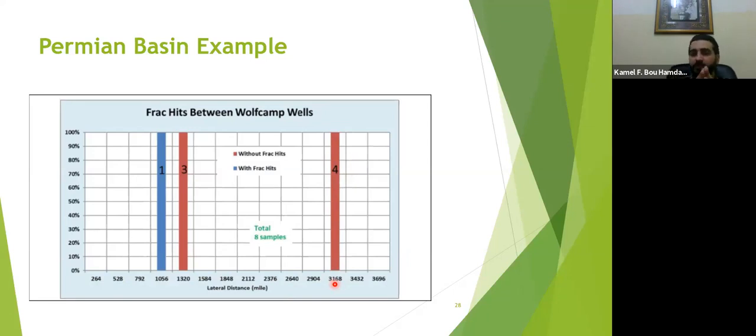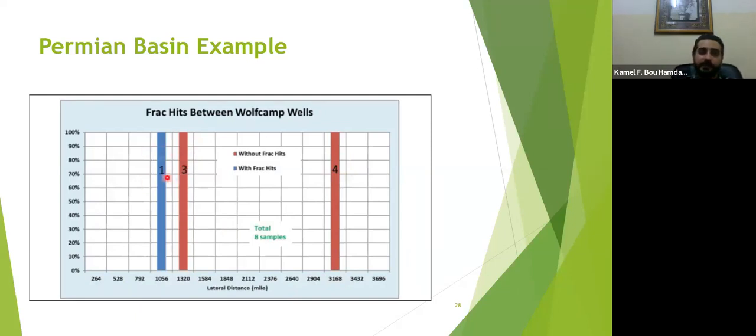So obviously these wells are very far away from each other. Next, they fractured 3 other wells with a spacing of 1,320 between them. They also observed no frac hits. So the fracture is not really propagating for a large distance.